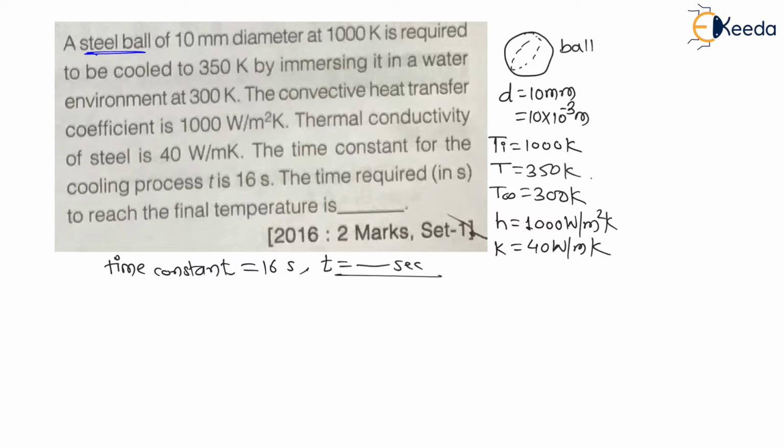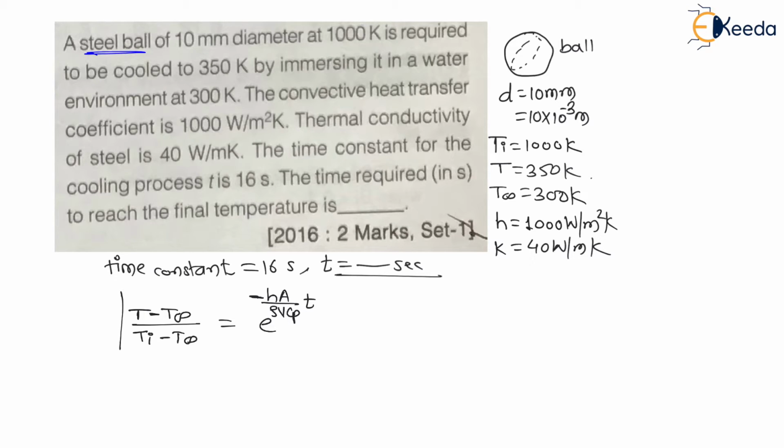Now, my dear students, let us assume lumped heat capacity analysis, which is nothing but transient heat conduction. For this we have derived the formula: final temperature T minus fluid temperature T infinity divided by initial temperature Ti minus fluid temperature T infinity is equal to e to the power minus hA divided by rho V Cp into time t.